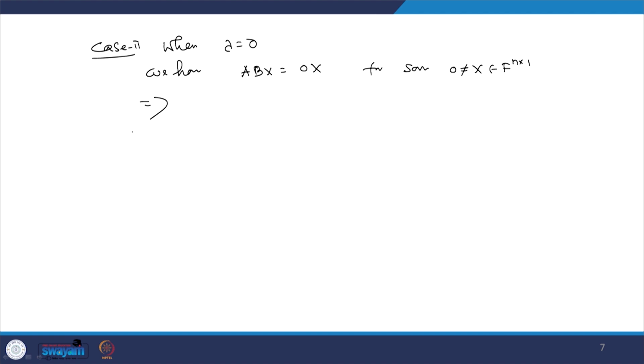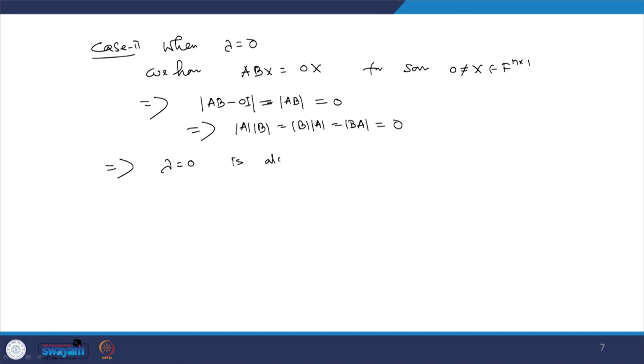So this implies that determinant of AB minus 0 into I, which is the determinant of AB, equals 0. The determinant of AB equal to 0 implies determinant of A into determinant of B, which is equal to determinant of B into determinant of A, which is equal to determinant of BA, equal to 0. So this implies that lambda equal to 0 is also an eigenvalue of BA.